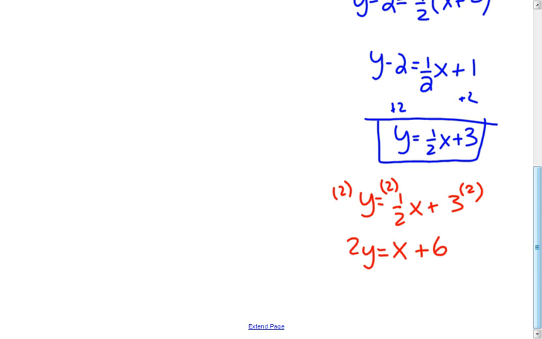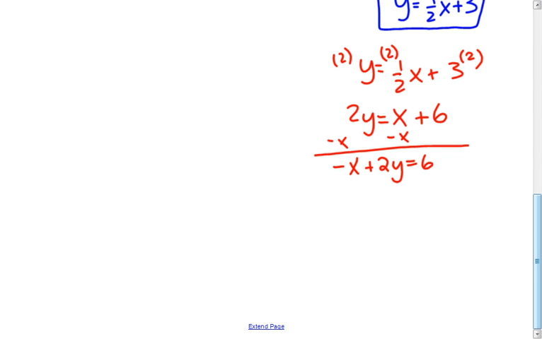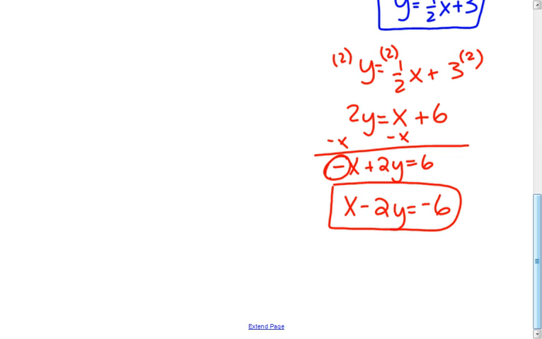Okay, in general form, you have to move the x to the other side. So I would have this. And then in general or standard form, your x, this number right here, cannot be negative. So I'm going to switch the signs on everything. And then this is what that equation would look like in standard or general form, just so you know.